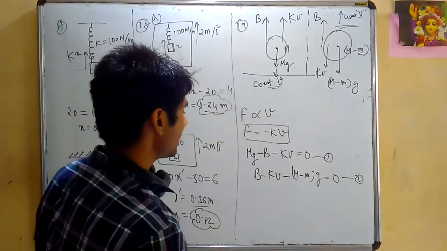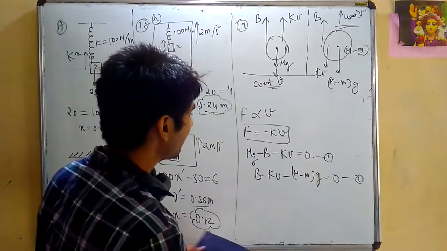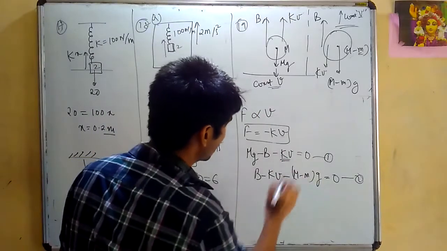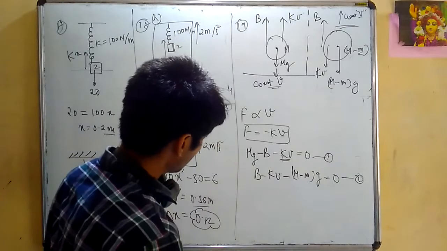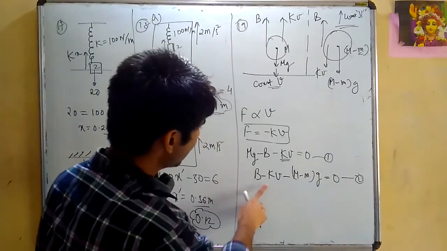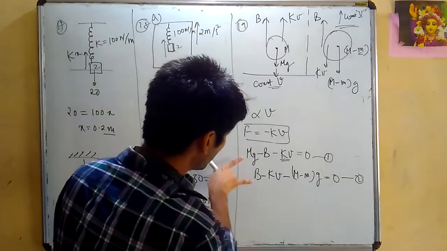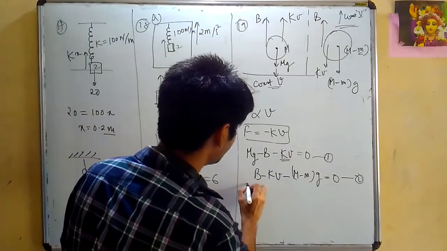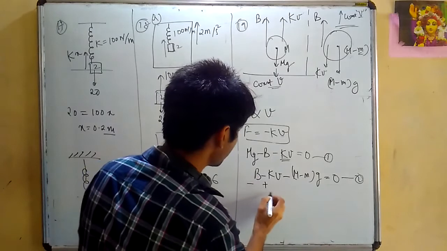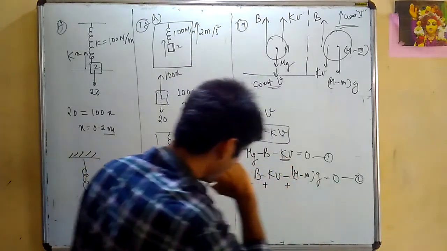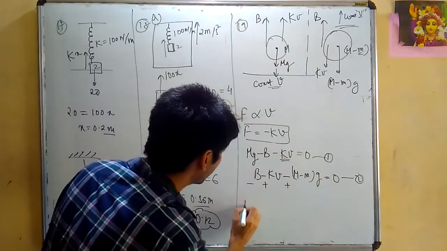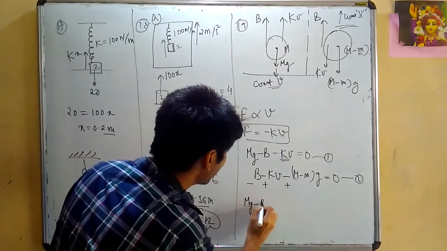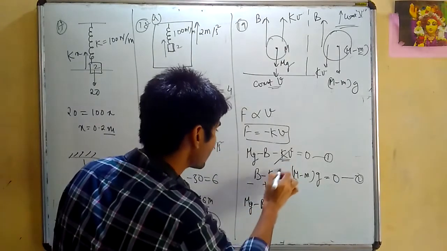Now if you carefully see, you have to eliminate that part which is not given to you in the question. kV is not given to me in the question. b was given. k is not given, so I have to eliminate it. So what do we do? We subtract 1 minus 2. Minus plus plus. So what am I getting? See, mg minus b, kV will get cancelled.